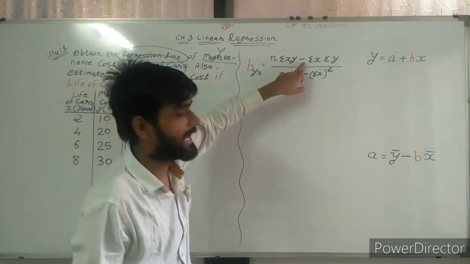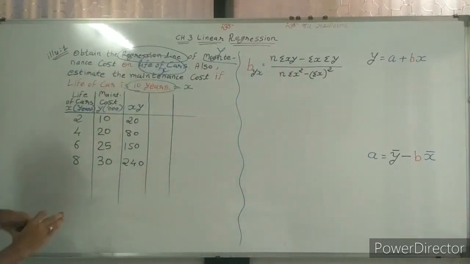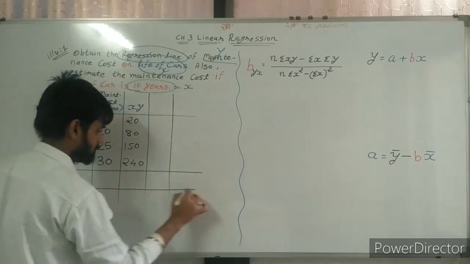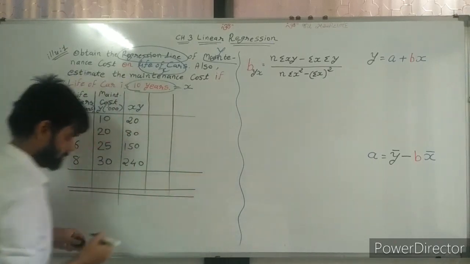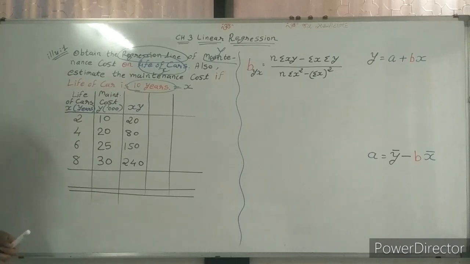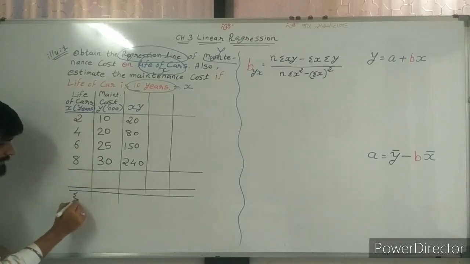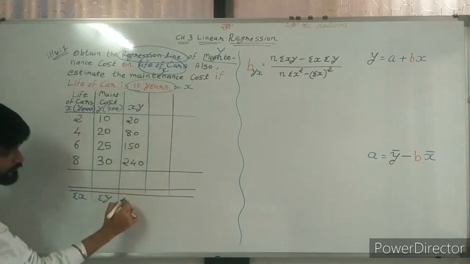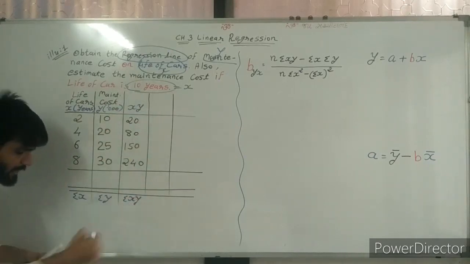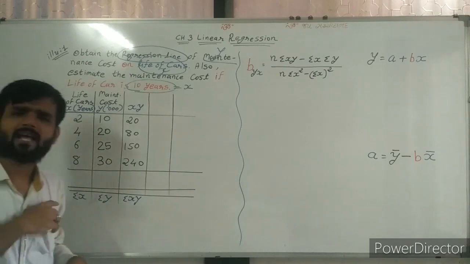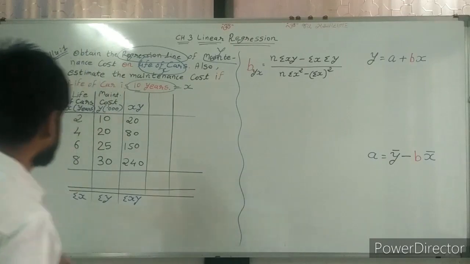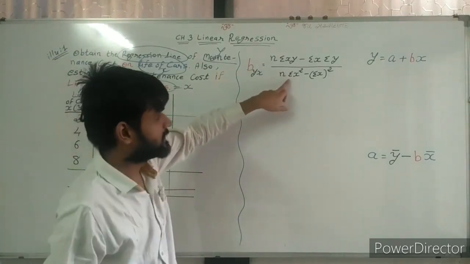Now what do we need? Sigma x. So find the total of x. Total of x is sigma x. Total of y is sigma y. Total of xy is sigma xy. This is the same as chapter number 2. Don't worry about it. Now, what do we need? Sigma x square.